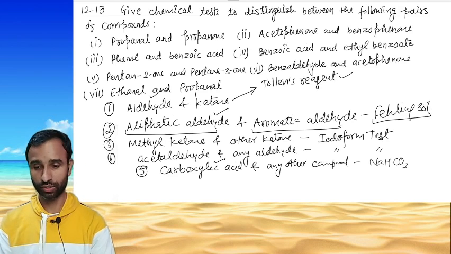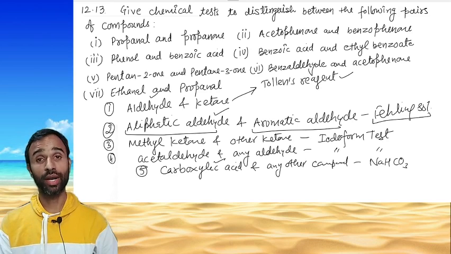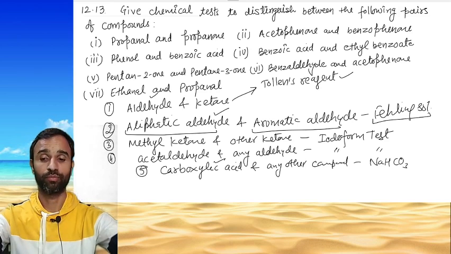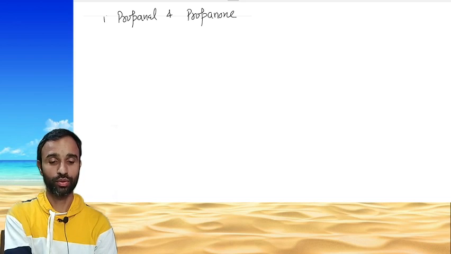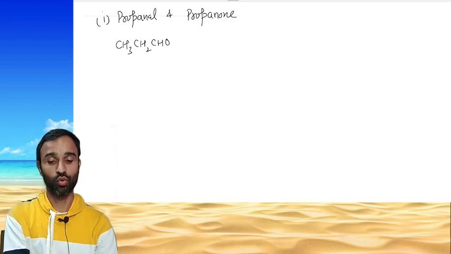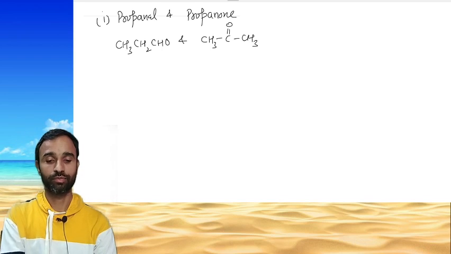So the first one is propanal and propanone. Propanal means CH3CH2CHO, and propanone means CH3, C double bond O, and CH3.